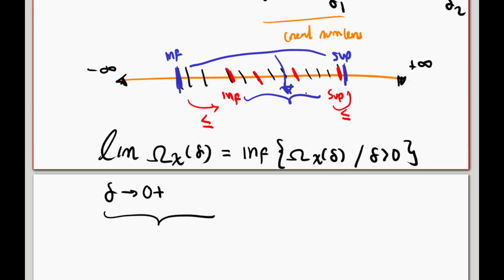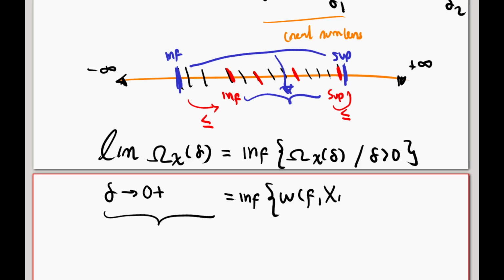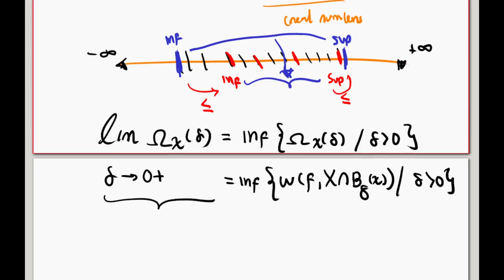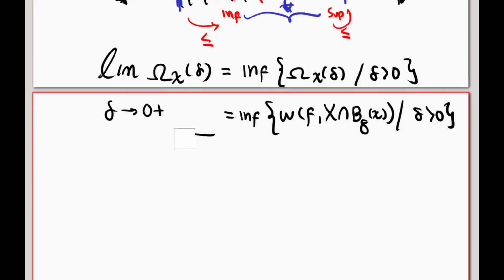So this is that infimum, and by definition, this is the infimum of this set. That's a proper definition of a real number. This infimum is a real number also, and it's that limit here.